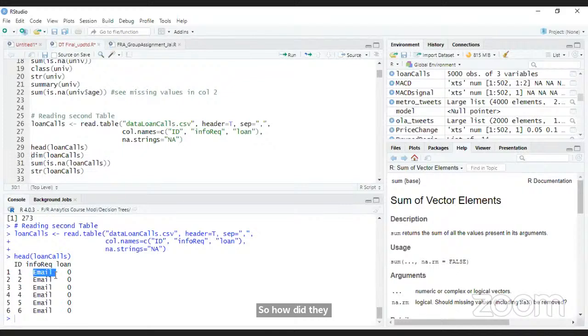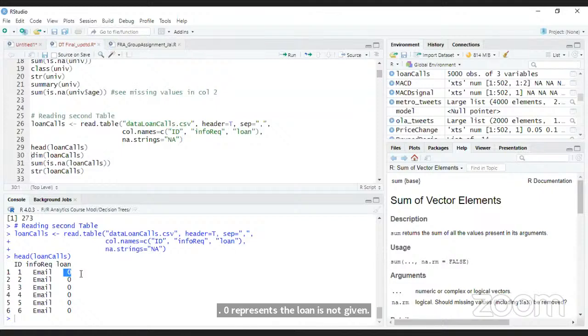Through email or phone. The phone is not visible, but I know that it has only two categories, email or phone. If it is through email, they have written email. If it is phone, they have written PH. And loan, whether that individual was given a loan or not. 0 represents the loan is not given.